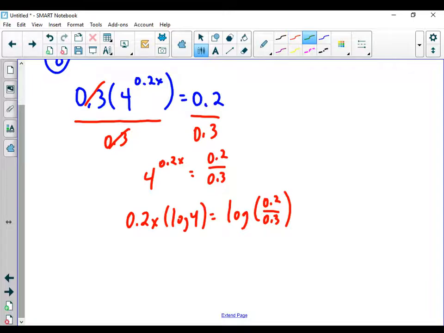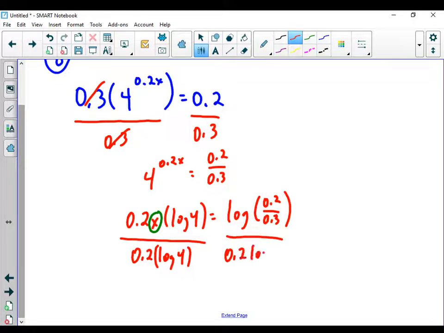Now, remember our goal. Our goal is to solve for x. Well, I could actually do this in one step now because all that is multiplication there on the left side. So I know to get rid of multiplication, I can divide by 0.2 times the log of 4. So I do that over here, 0.2 times the log of 4. Now it becomes a calculator exercise. So we're going to do log of 0.2 divided by 0.3.